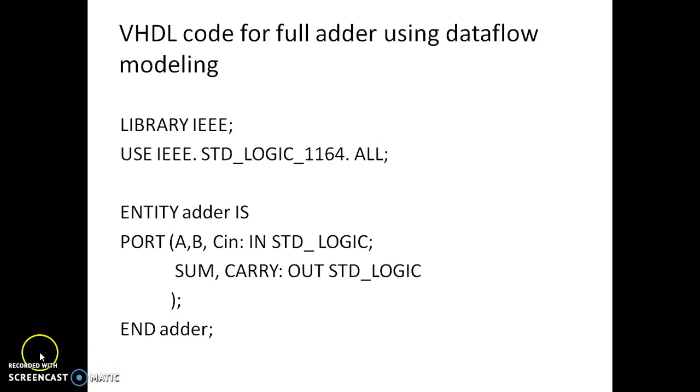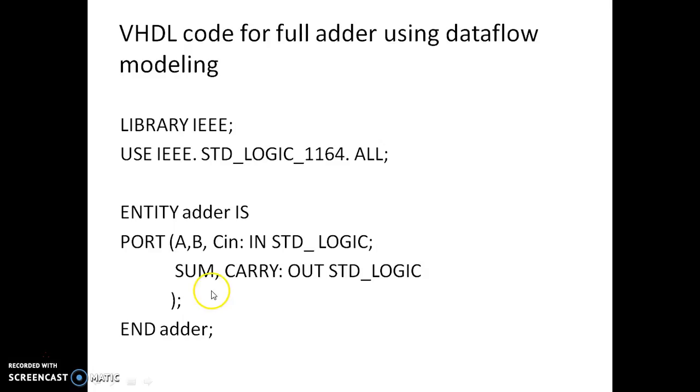So the entity has 3 inputs, A, B and C in. These 3 are inputs. These are 3 input signals, hence the mode of these signals is in, and they are of standard logic type. Then it has 2 outputs, sum and carry. These are 2 output signals, hence the mode of these signals is out, and they are also of standard logic type.